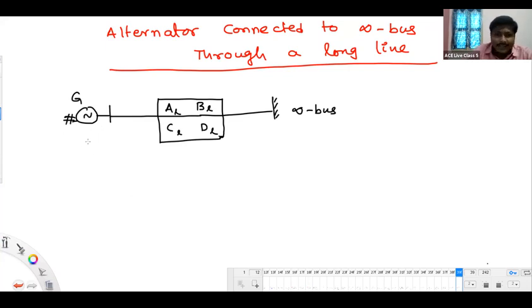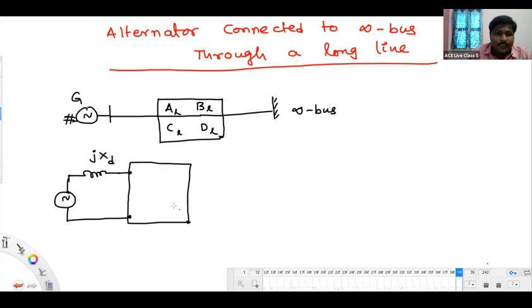For example, the generator we are going to draw as a voltage source in series with the internal impedance jXd, steady state operation. And then at the end of this generator, we have that ABCD model, the so-called transmission line network. Just follow what I have shown. This is the transmission line network ABCD, AL, BL, CL, DL, and infinite bus.